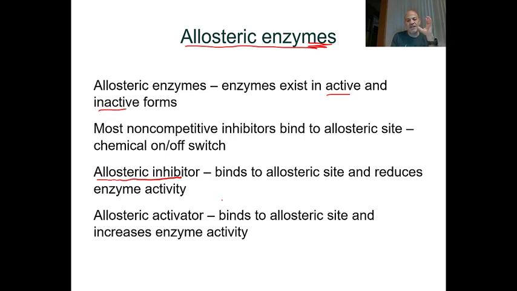Now, if you have an enzyme that is normally in a switched off conformation, where it's not going to bind to the substrate, and you want to switch it on, then you would need an allosteric activator to bind to it and change its shape so that it becomes active. That's a way of controlling those enzymes.